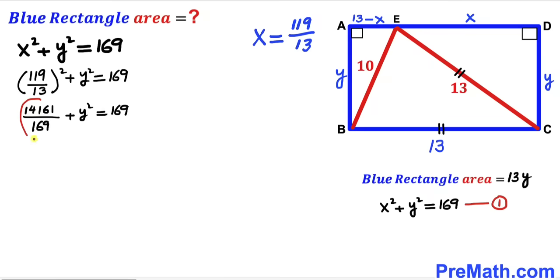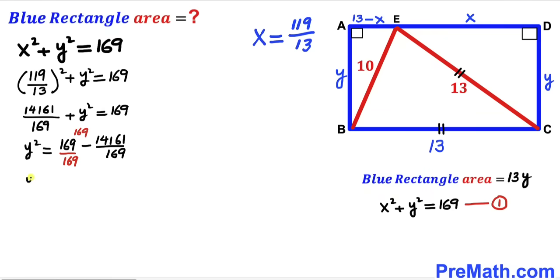Now we are going to move this term to the other side, so we end up with y squared equals 169 minus 141.61 divided by 169. Now I'm going to multiply and divide by 169 at the same time.